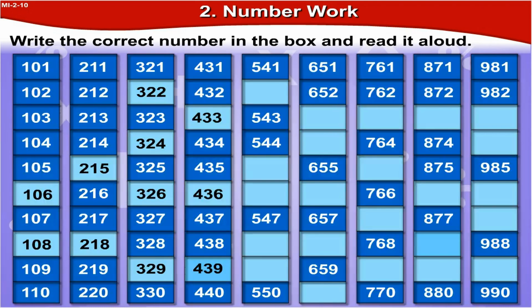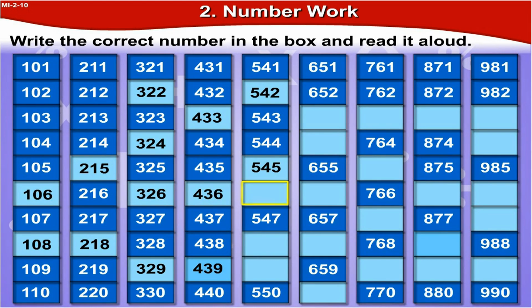Now the next column. 541. After that, we have 542. So in the column, you will write 542, then 543, 544, another box. After 544, you have 545. So you will write 545. Now there's another box.